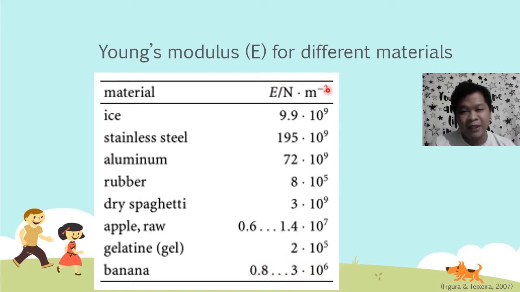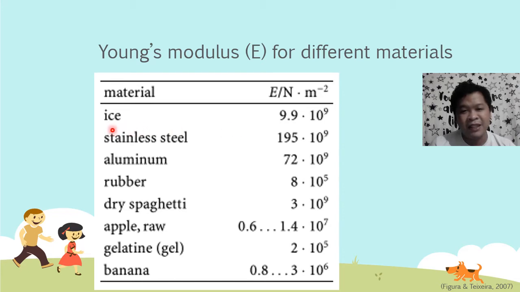This is, by the way, in newtons per square meter. So we have from 10 to the 6th all the way to 10 to the 9. So apparently, ice, as we know, is a brittle material. It has a very high Young's modulus. So it will not deform easily when you apply stress, but it will fracture and shatter if na-meet niya yung breaking point niya, right?